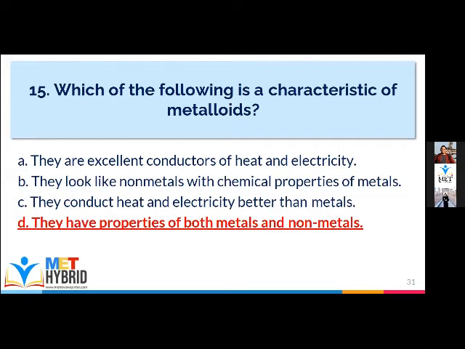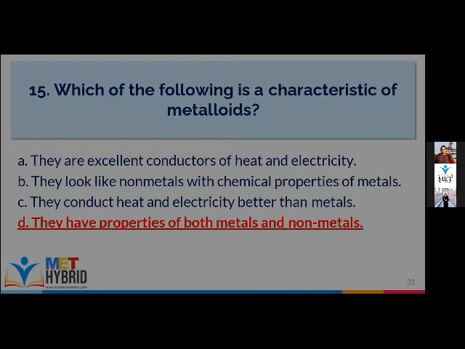However, your metalloids, in some cases, are more efficient in conducting electricity and heat compared to non-metals. So if you try to rank them, the first one would be metals. Then you have your metalloids. Next, your non-metals. So 15 is letter D.